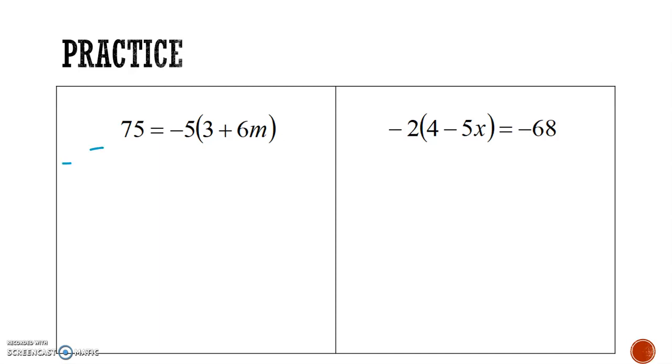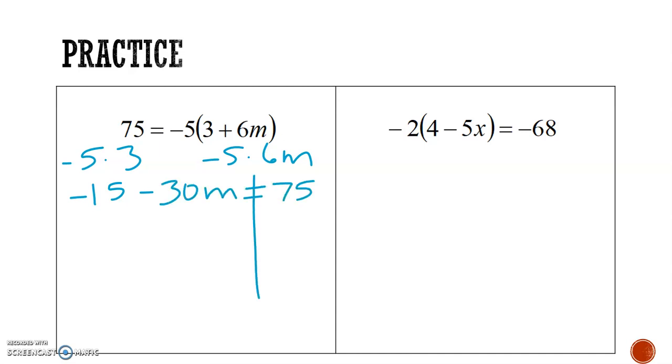Negative 5 times 3 and negative 5 times 6m. So negative 5 times 3 is negative 15. Negative 5 times 6 is a negative 30, so minus 30m equals 75. Okay, so it's a minus 15 right now, so we're going to add 15 both sides to bring it over.